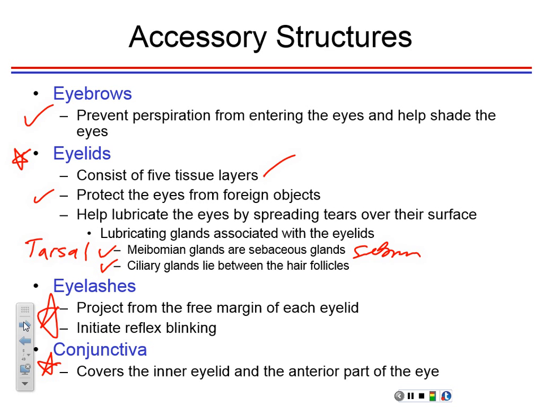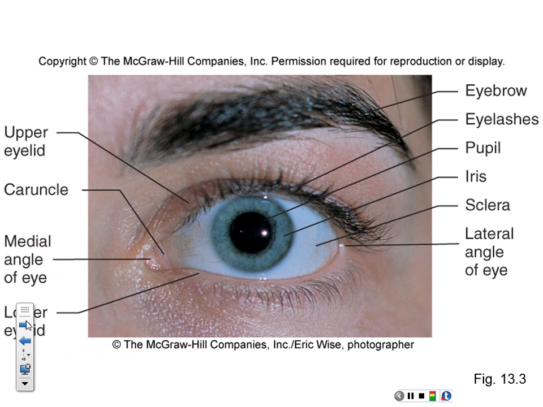That's the part that's covered by the conjunctiva. And if you open up your eyelids like that, you see it's also red, because the conjunctiva runs along there too. Pink eye would be conjunctivitis, inflammation of the conjunctiva. So it covers the inner eyelid and also the anterior part of the eye, which is the sclera. The sclera is the white part of your eye.